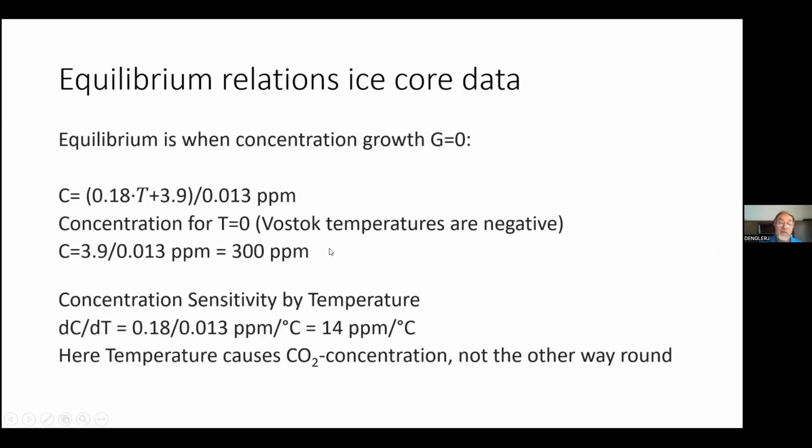And although the temperature scale is not necessarily the same as we have for modern data, it's still very close, yeah. Because for modern data we have 309 ppm, and here we have 300 ppm. And now the concentration sensitivity by temperature is much smaller than in modern times. You remember we had 66 ppm per degree, and here we have only 14 ppm per degree.